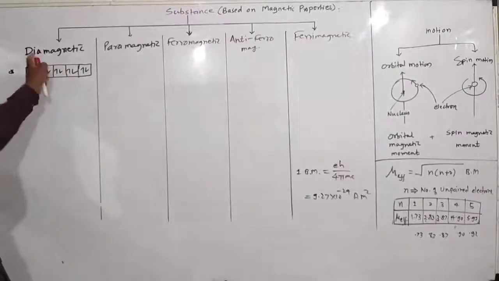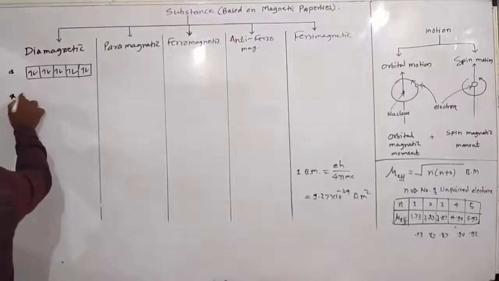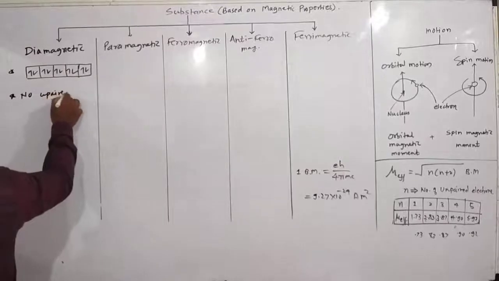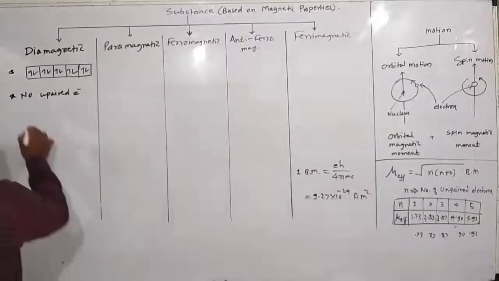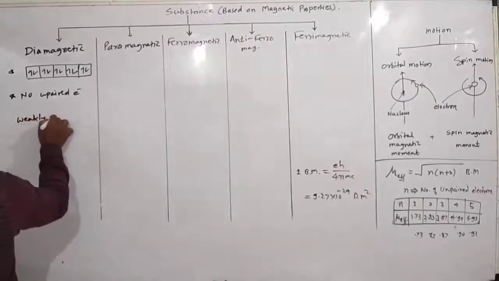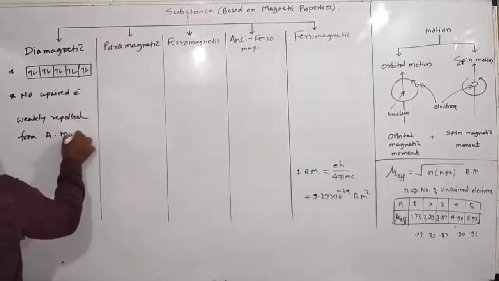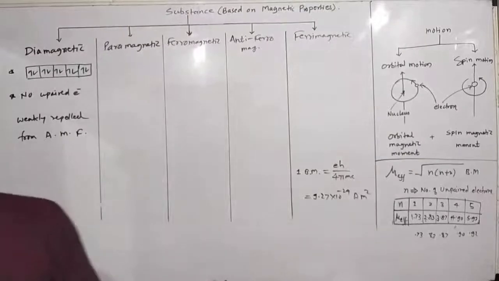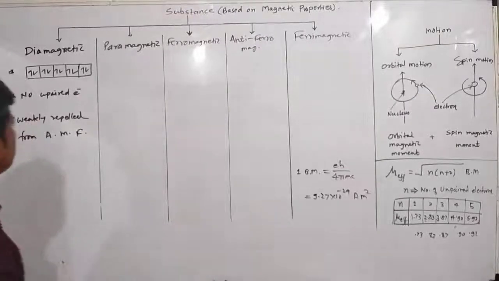All electrons in a diamagnetic substance are paired; they do not have unpaired electrons. When a magnetic field is applied, such a substance is weakly repelled from the applied magnetic field.